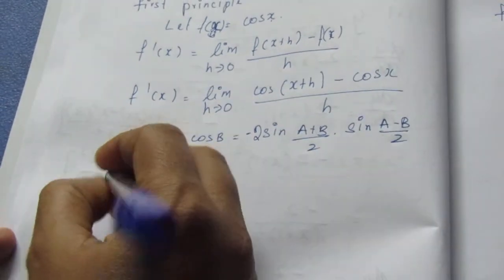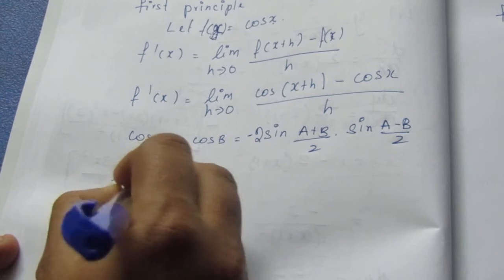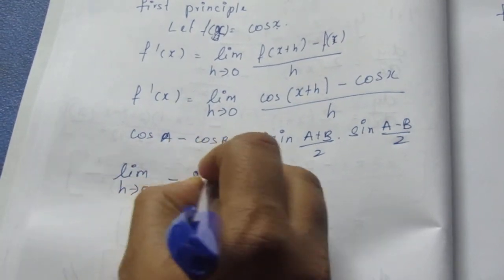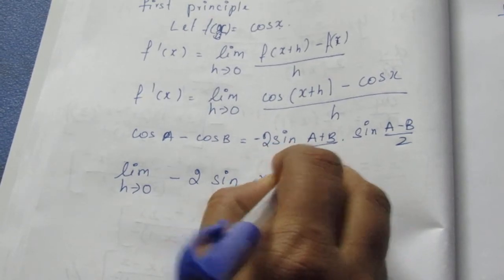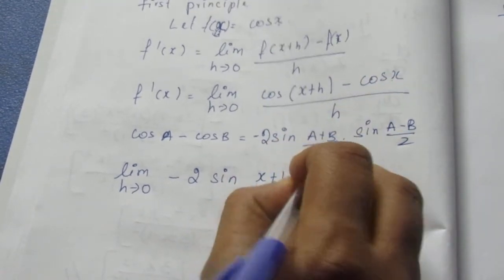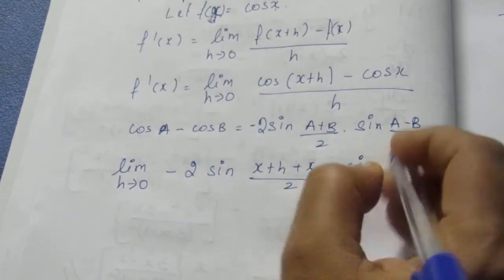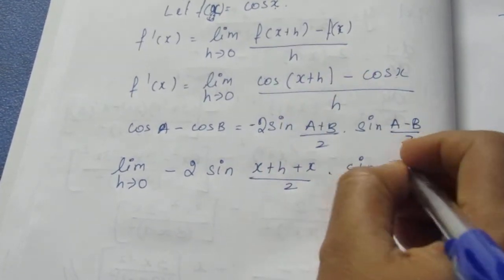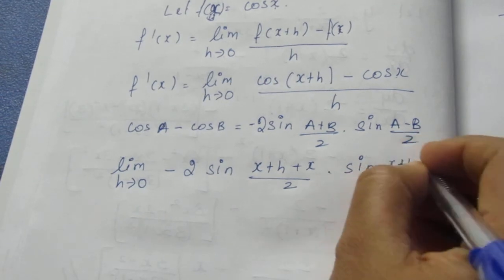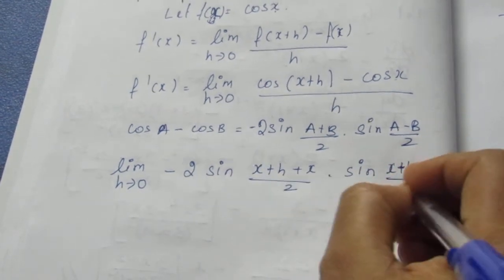It becomes limit h tends to 0 of minus 2 sin, instead of a we have x plus h, plus b which is x, by 2, same way into sin of a minus b, that is x plus h minus x.